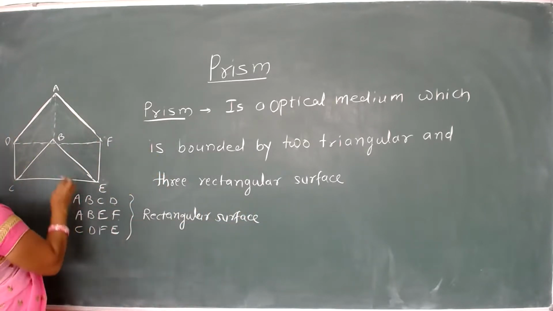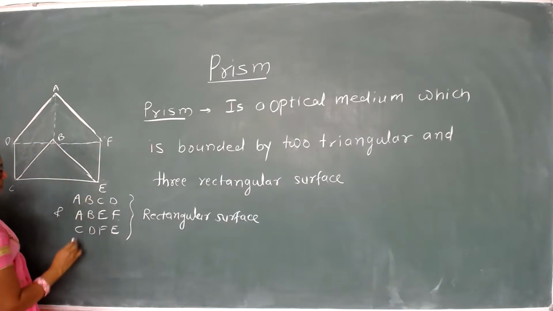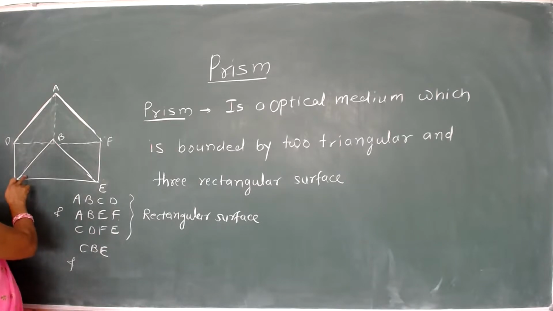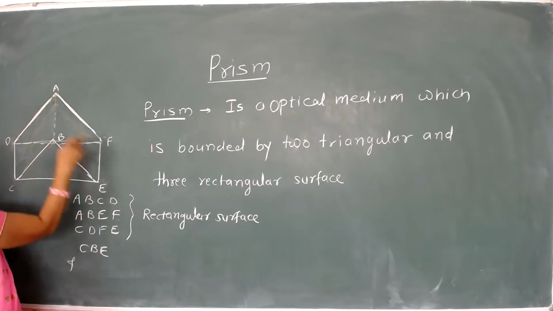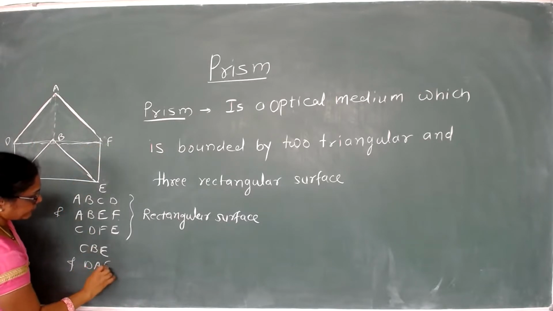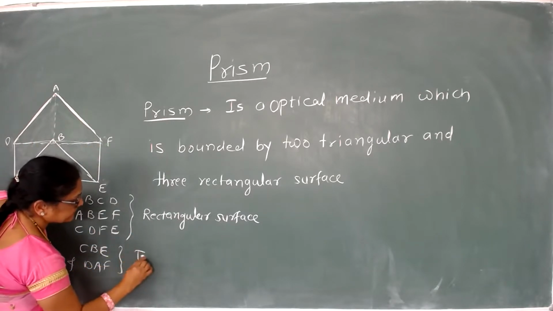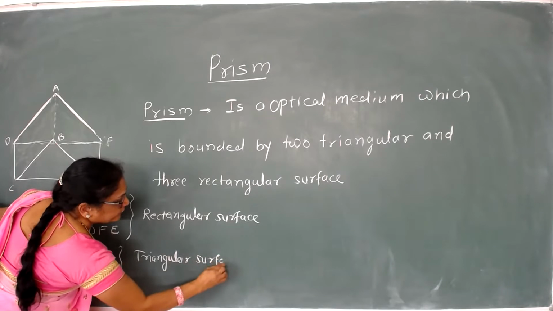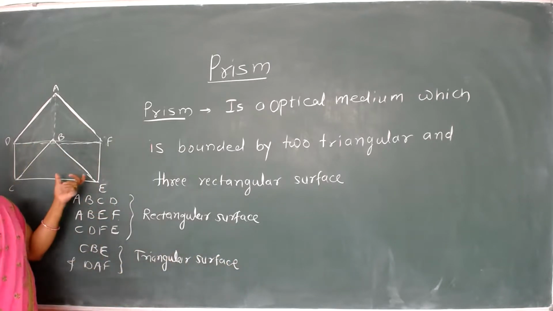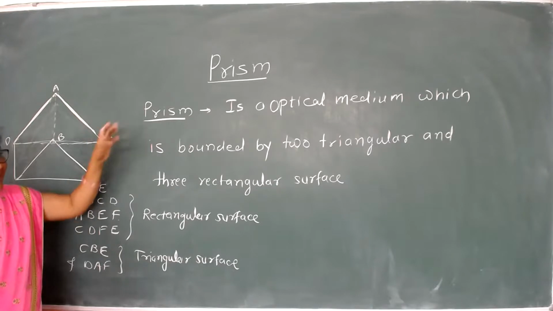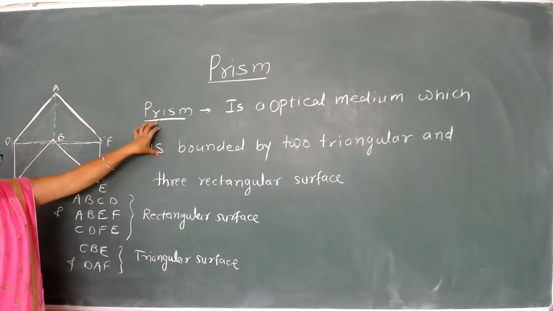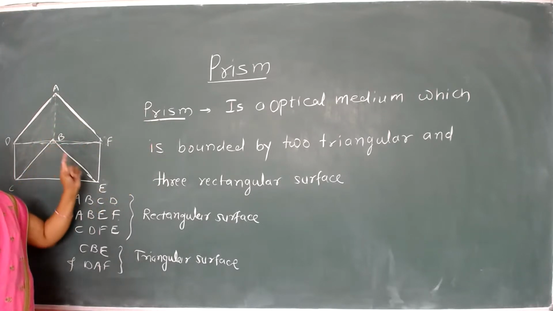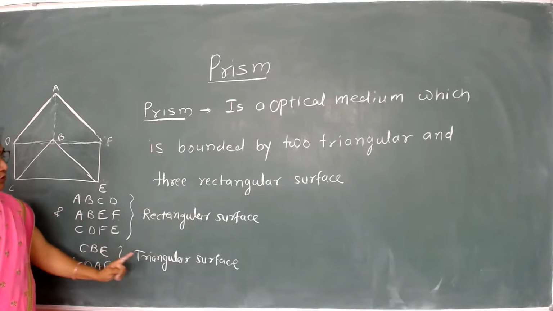These two triangular surfaces are CBE, and another one is DAF. So this is the figure related to the prism. We know that prism is an optical medium which is bounded by two triangular and three rectangular surfaces.